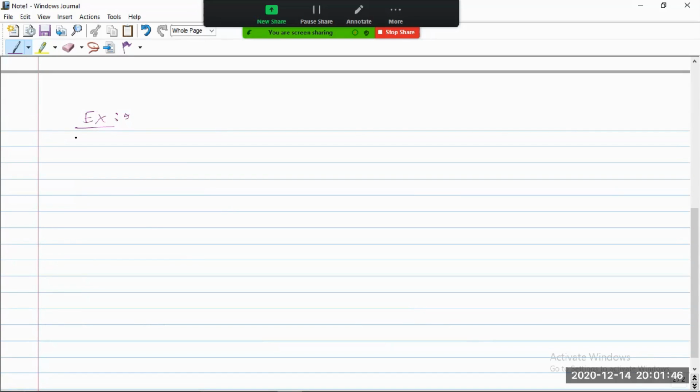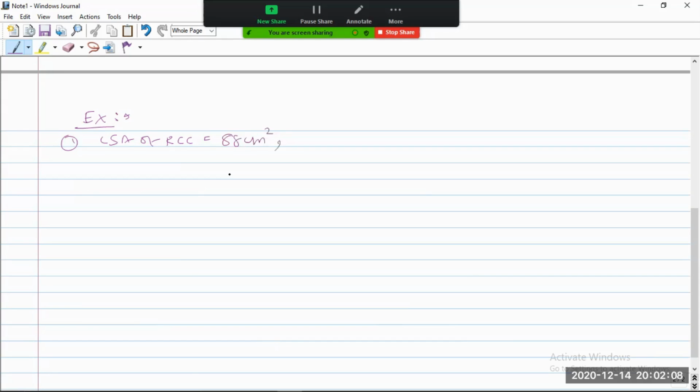I will just read the sum and write the given. What is given? The curved surface area of the right circular cylinder is given as 88 centimeters square.